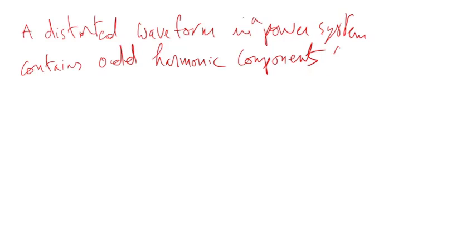Odd harmonics, that means h equal to 1, 3, 5, 7, and so forth. Just odd numbers, basically.